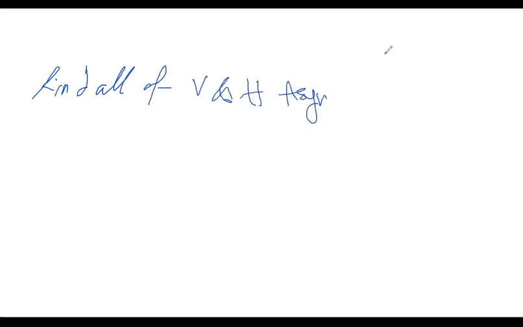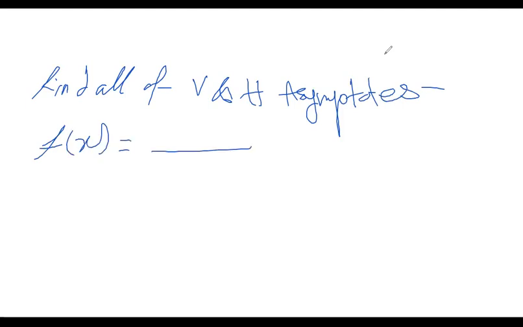So now, find all vertical and horizontal asymptotes for f of x equals 4x squared minus 16 over 2x squared plus 8.